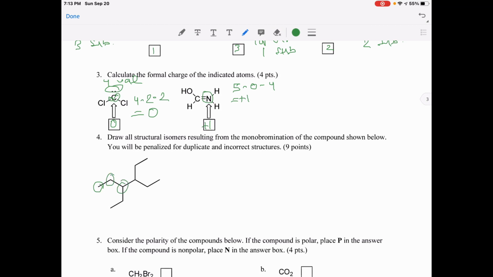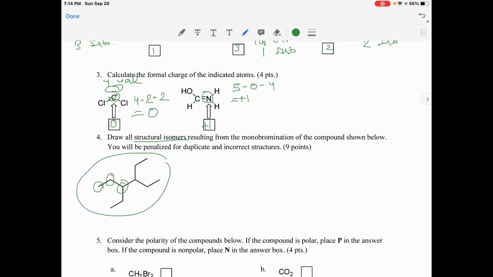So there are only 3 unique positions in this compound where you can insert a bromine and get different compounds, 3 different structural isomers. Structural isomers are compounds that have the same molecular formula, but differ in the connectivity between the different atoms.